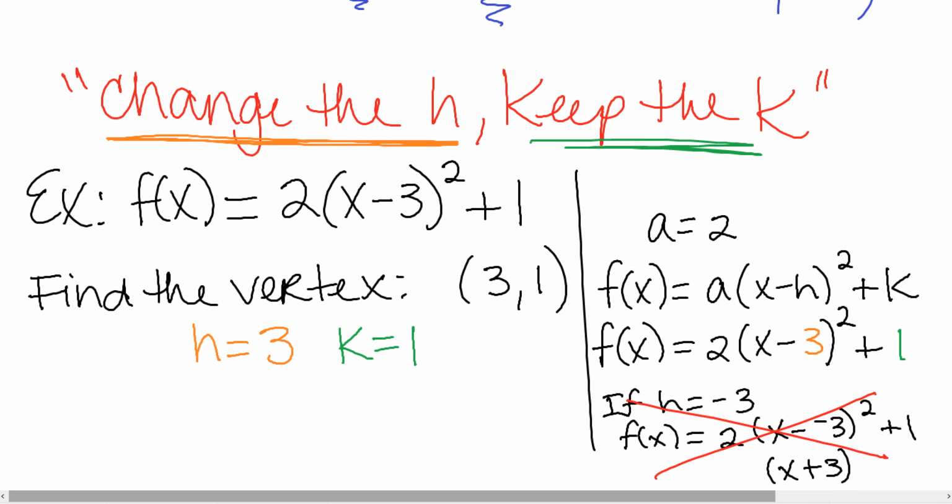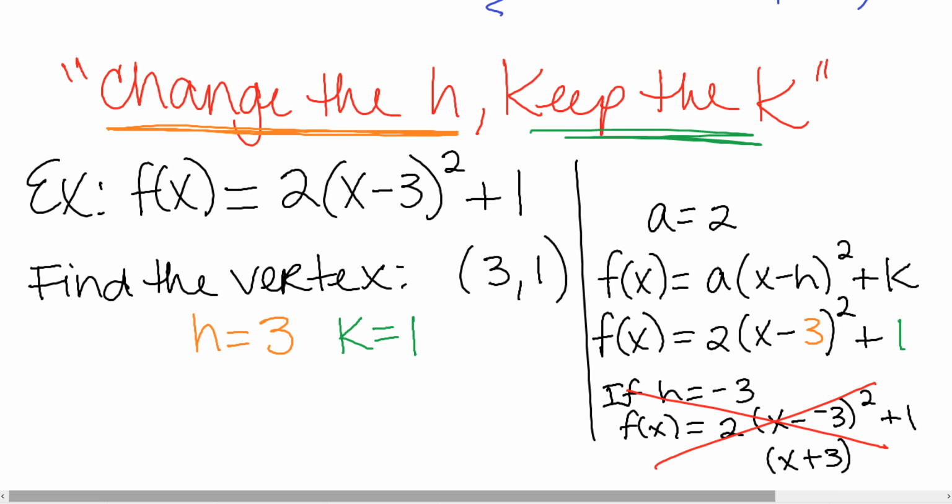Okay? Now, this also tells us our horizontal and vertical shifts. All right? So if your h is 3, that means you're going left or right 3. You're going right 3 because it's positive.